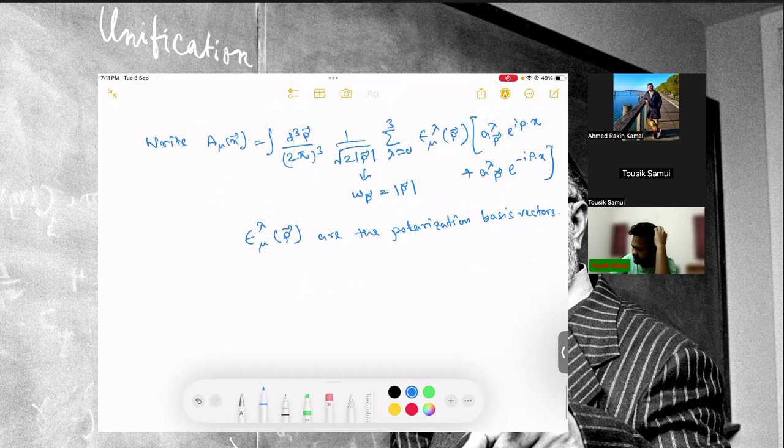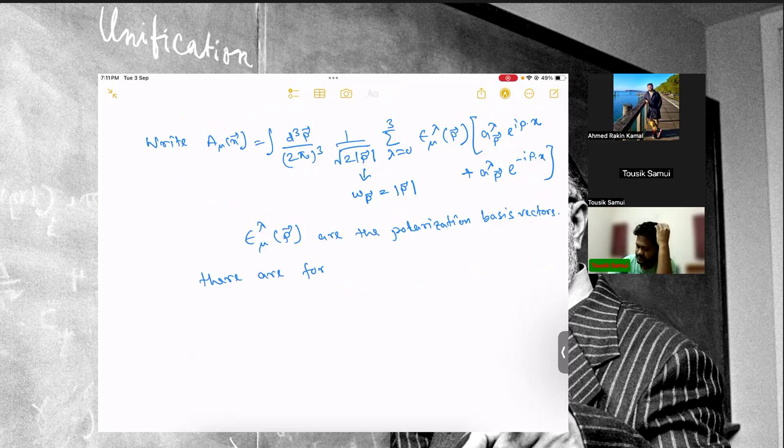Just remember that in this formalism, since at least here we are not removing the degrees of freedom by hand, there are four polarization vectors.